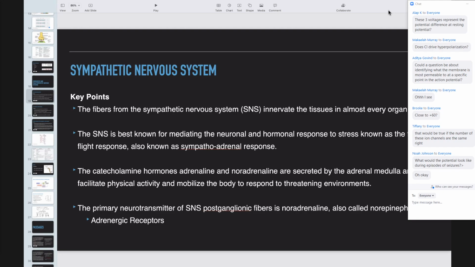This is something that we'll touch upon a little bit more next lecture. The peripheral nervous system has different types of receptors, and different types of receptors recognize different types of neurotransmitters. The sympathetic nervous system uses adrenergic receptors, which recognize catecholamines, specifically adrenaline, noradrenaline.